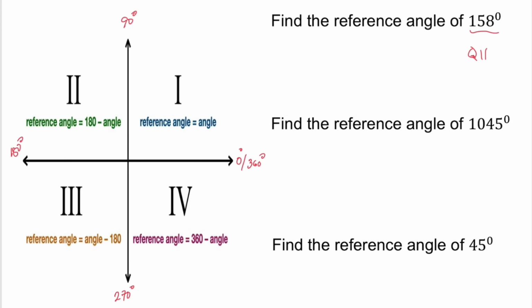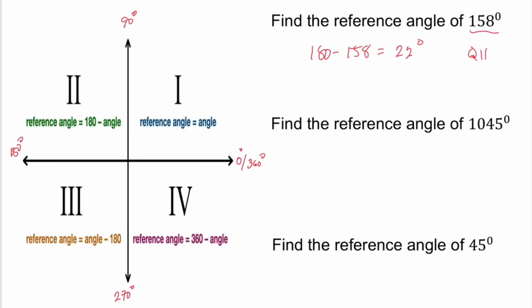So, ang sabi kay quadrant 2, reference angle is equal to 180 minus the given angle. So, this will be equal to 180 minus 158. The answer is 22 degrees. So, yun ang magiging reference angle niya.